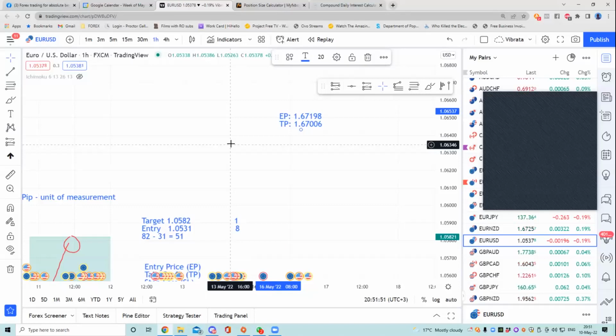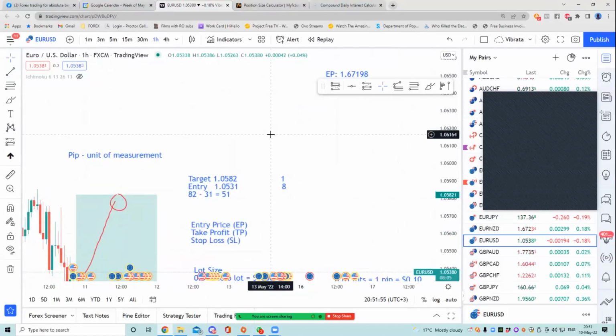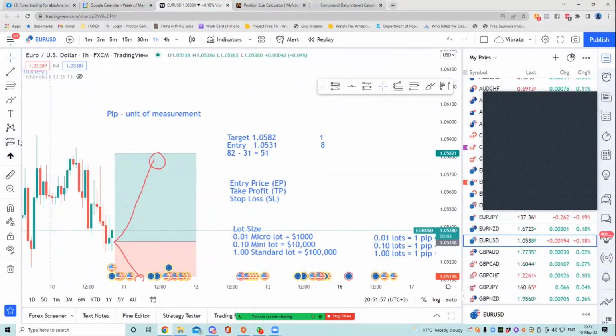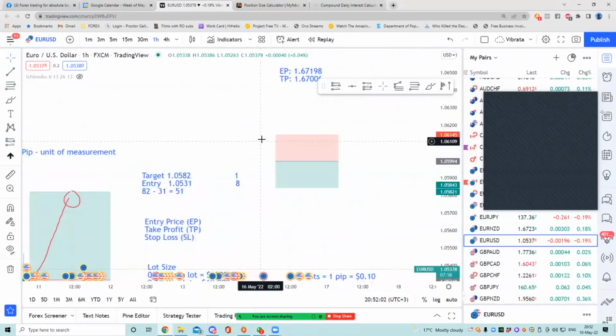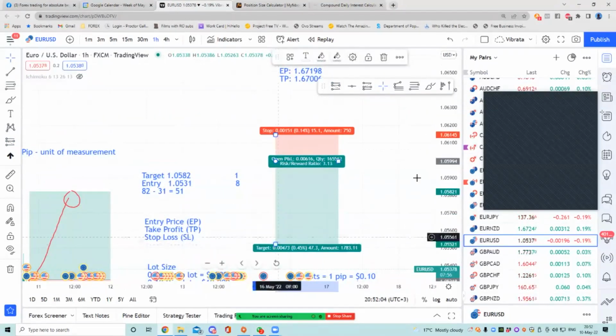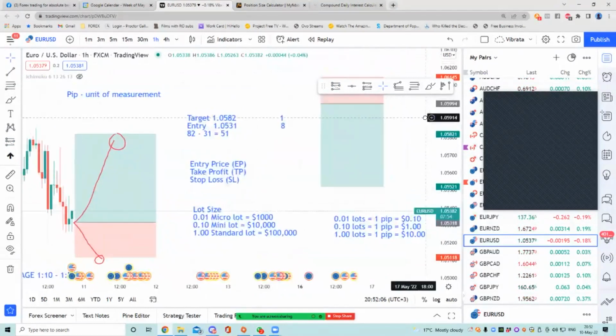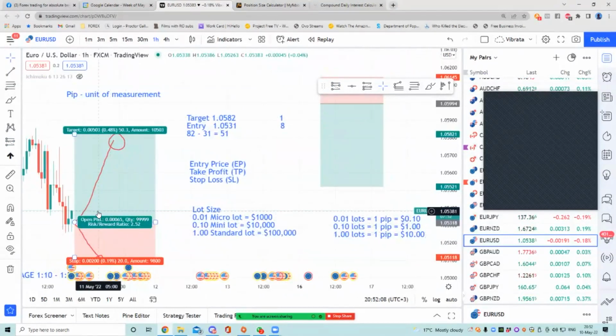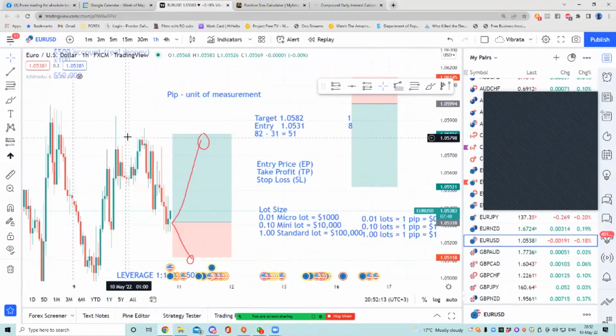So if my TP is lower, am I putting in a buy order or a sell order? Sell, correct. This is what a sell order looks like, by the way. Remember that in Forex, this is the good thing about Forex trading, guys, is that we can make money even if something is crashing.